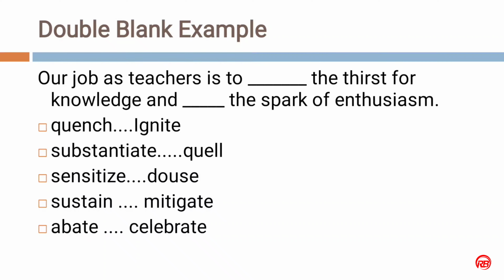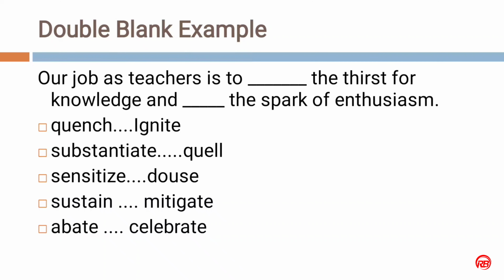And here I have given you an example for double blank. Our job as teachers is to dash the thirst for knowledge and dash the spark of enthusiasm. So for the double blank, first we have to find any one of the answers and we can easily find the correct answer.